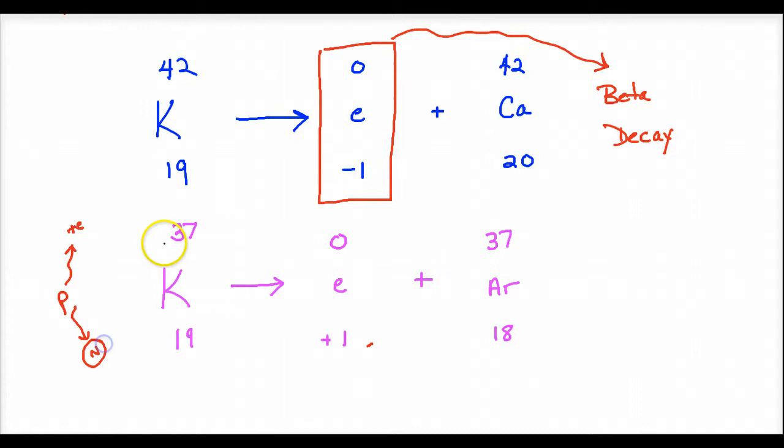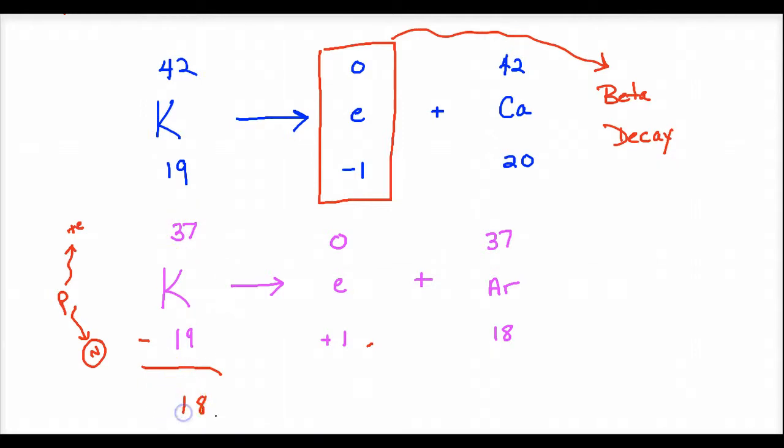So what this nucleus did, you notice it has an atomic mass of 37, and this is 42. So this radioisotope has really two less neutrons. There's not enough neutrons in this nucleus. Now to get neutrons, you subtract here. 37 minus 19 is what, 18?